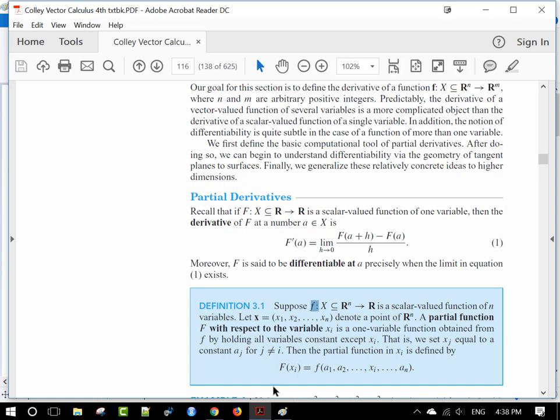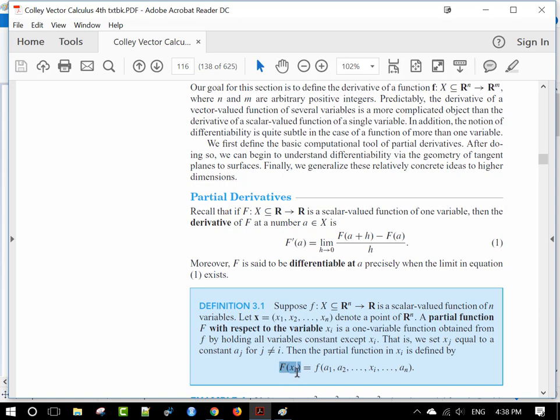For the notation for the partial function, we're going to use a capital F. Little f is the function itself, and capital F is the partial function with respect to one of the input variables. So this is going to be the partial function with respect to the ith input variable.